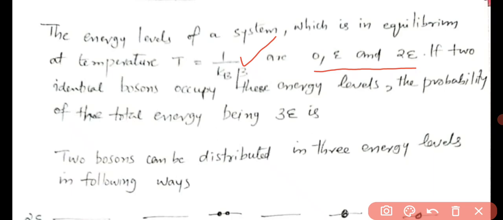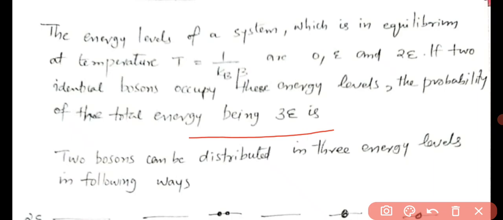If two identical bosons occupy these energy levels, the probability for the system to take the total energy as 3 epsilon is to be calculated.